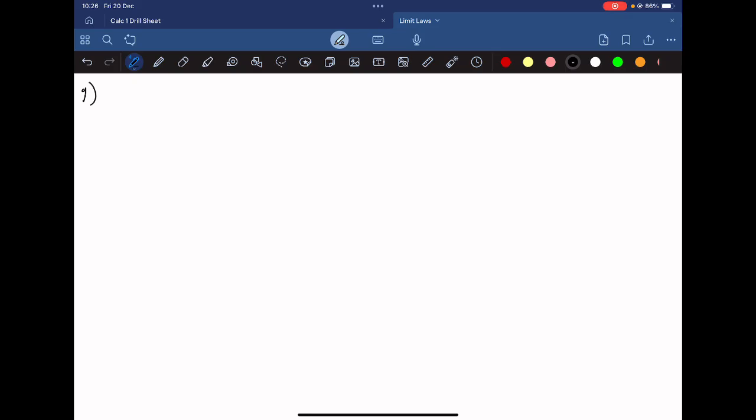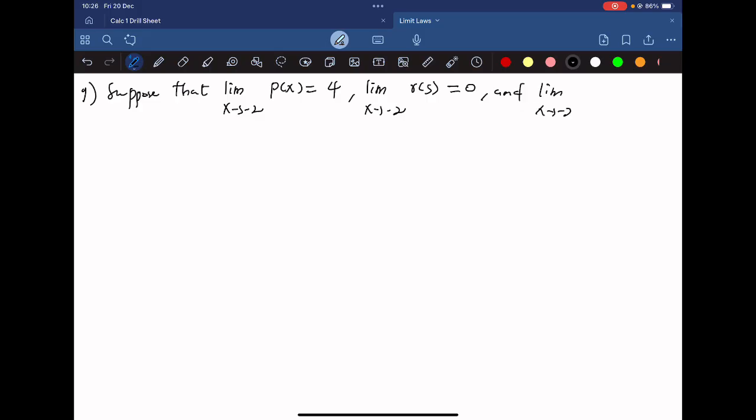So now suppose that the limit as x approaches negative 2 of p of x is equal to 4, and the limit as x approaches negative 2 of r of x is equal to 0, and the limit as x approaches negative 2 of s of x is equal to negative 3.